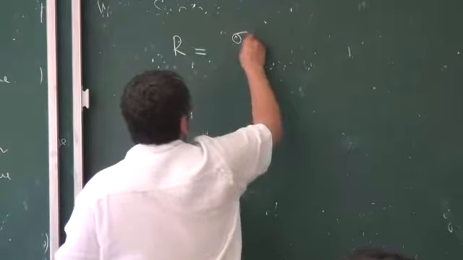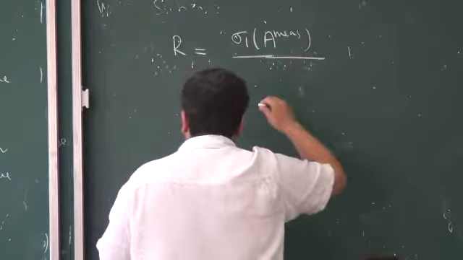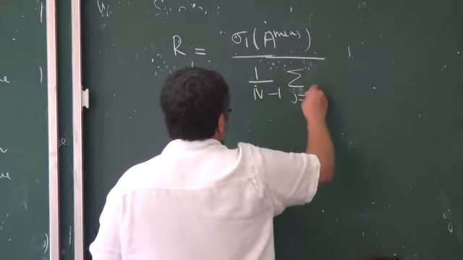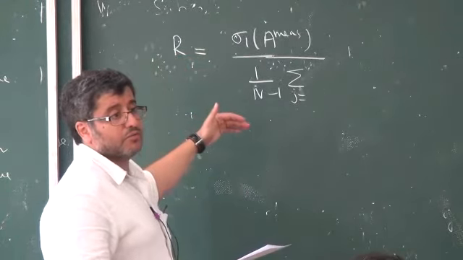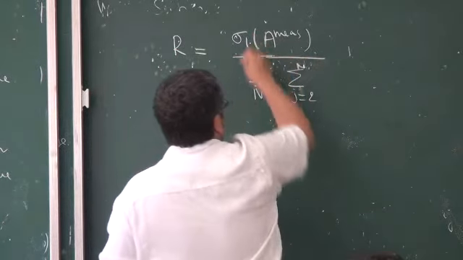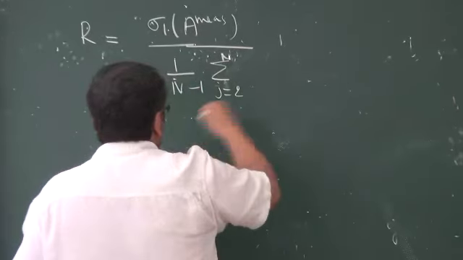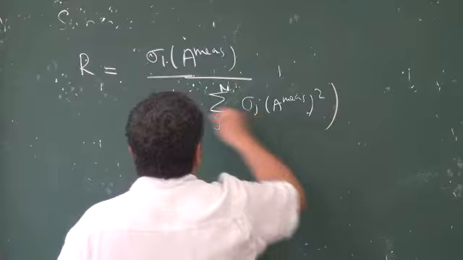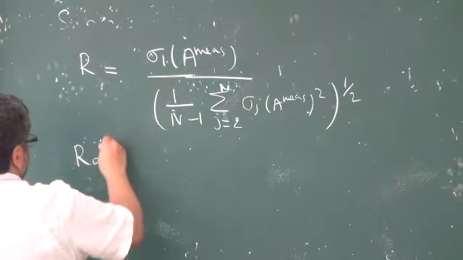You take the first singular value of A measured and divide it by the L2 norm of the others, sigma j of A measured for j from 2 to n, normalized by 1 over n minus 1, with the square root.